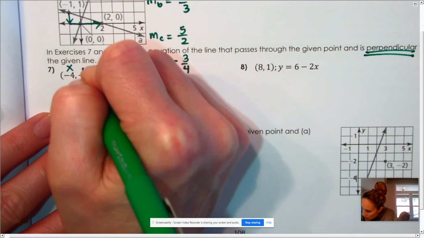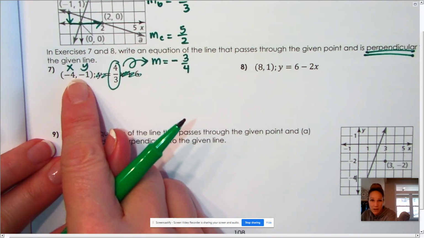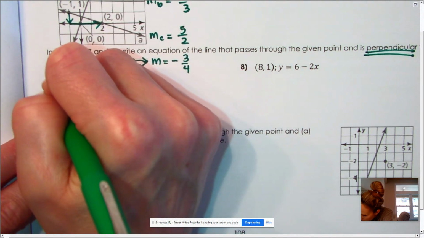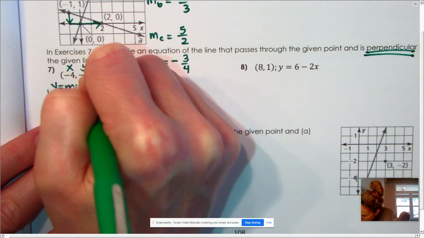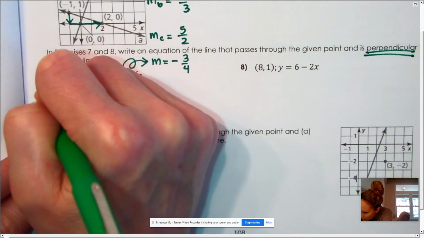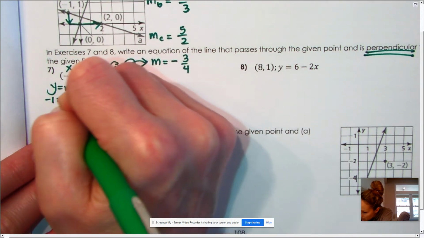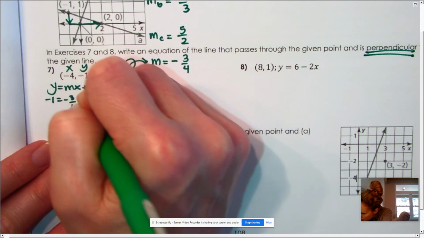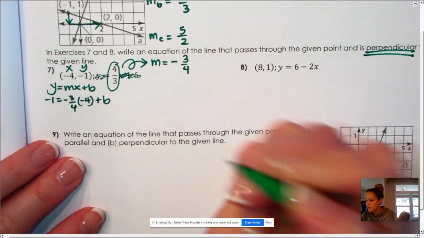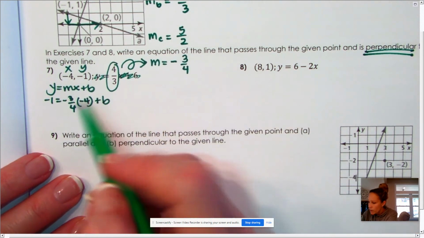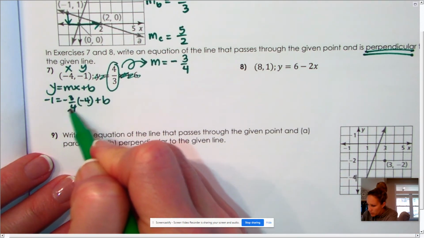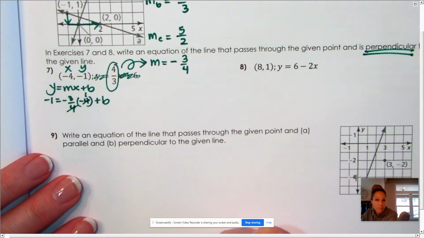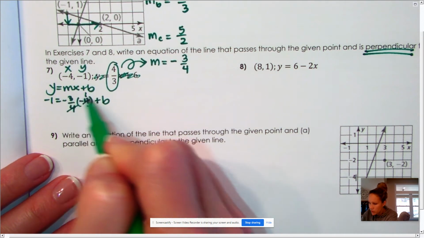Now I just need this information they give me to find the value. So I'm going to plug it into y equals mx plus b, and I'm going to plug in the y, -1, m is -3/4, x is -4, and b is what I'm trying to find. So if I go 4 divided by 4, that part just equals 1. And then I can just multiply straight across.